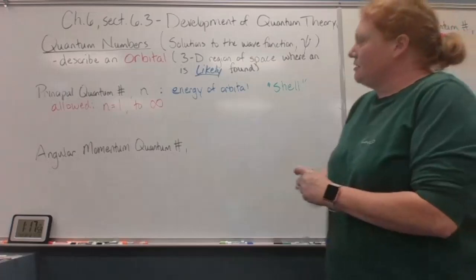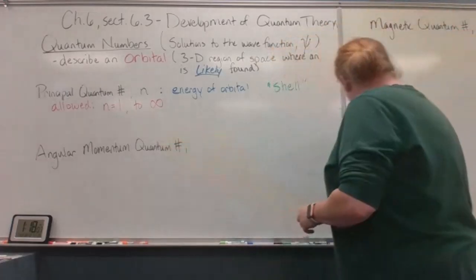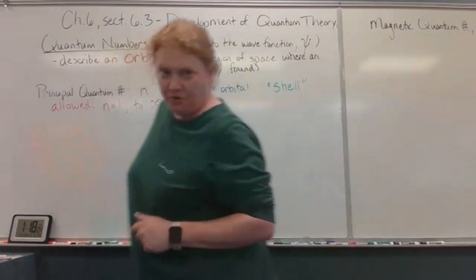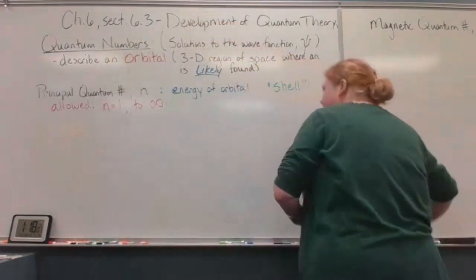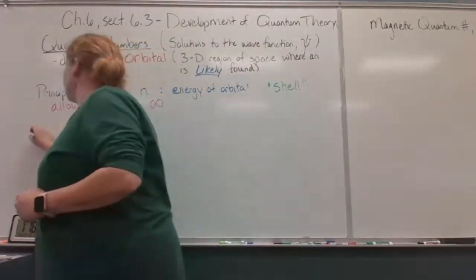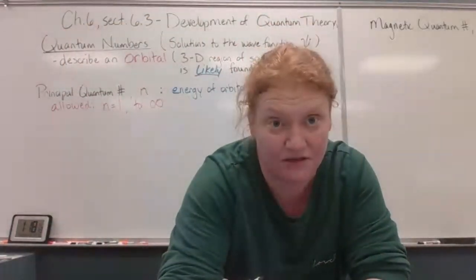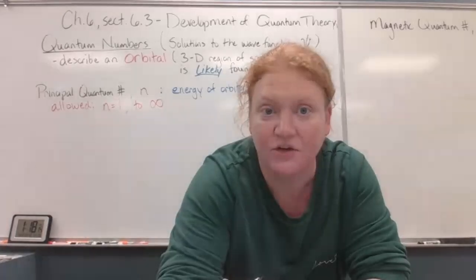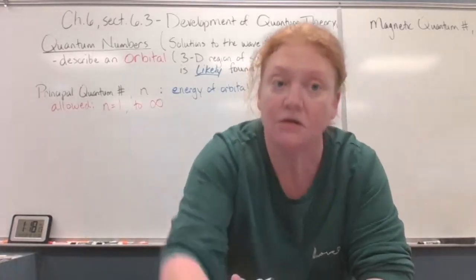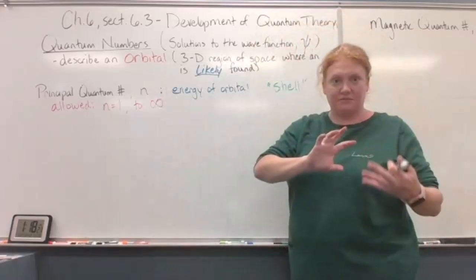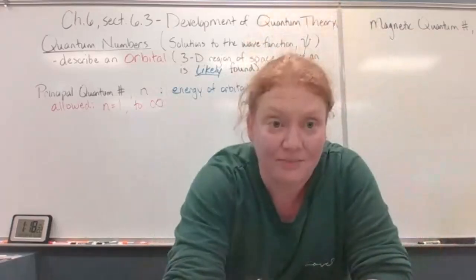Okay. All right, next quantum number. Actually, I'm going to give myself a little more room here. Angular momentum quantum number. This describes the shape of the orbital. Remember, the orbital is the wave function. It is the three-dimensional region of space, okay? And they have shapes.